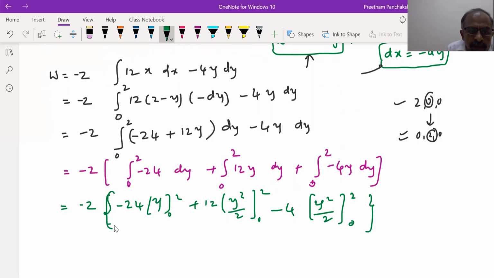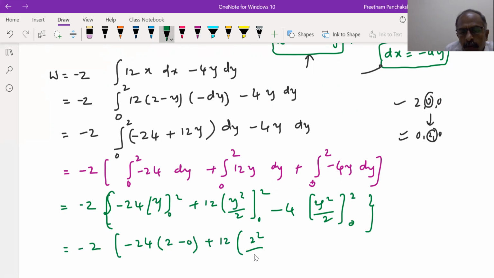So minus 2 is common for everything. So minus 24, here 2 minus 0 becomes 2. 12, 2 square by 2 minus 0 by 2, minus 4, 2 square by 2 minus 0 by 2.